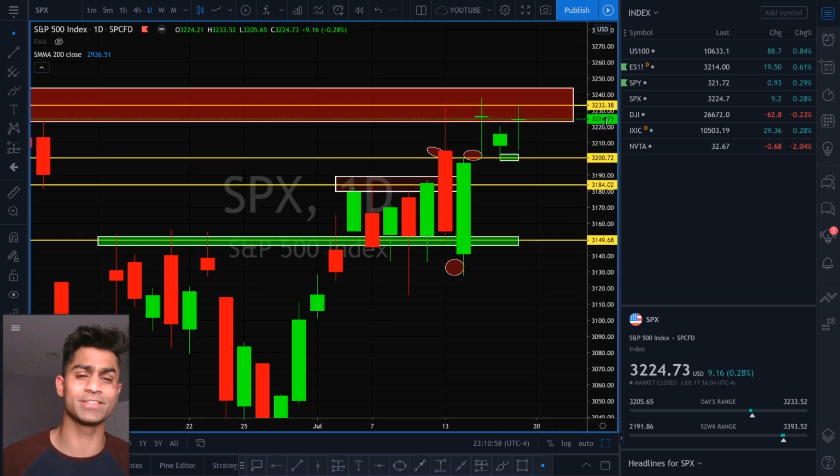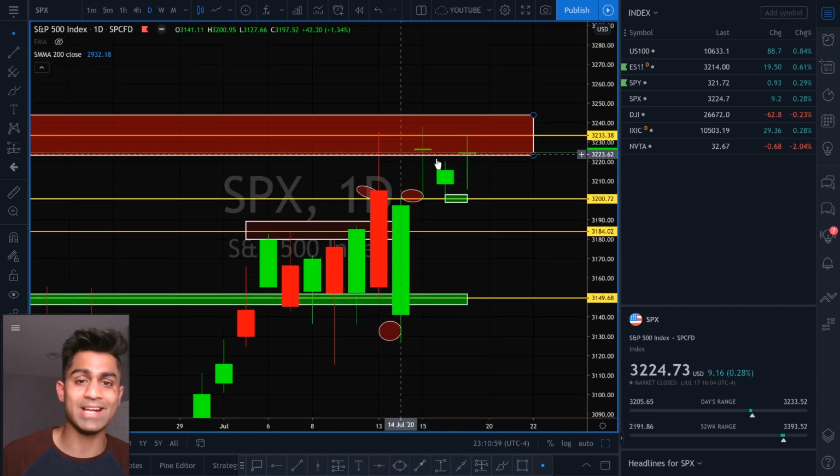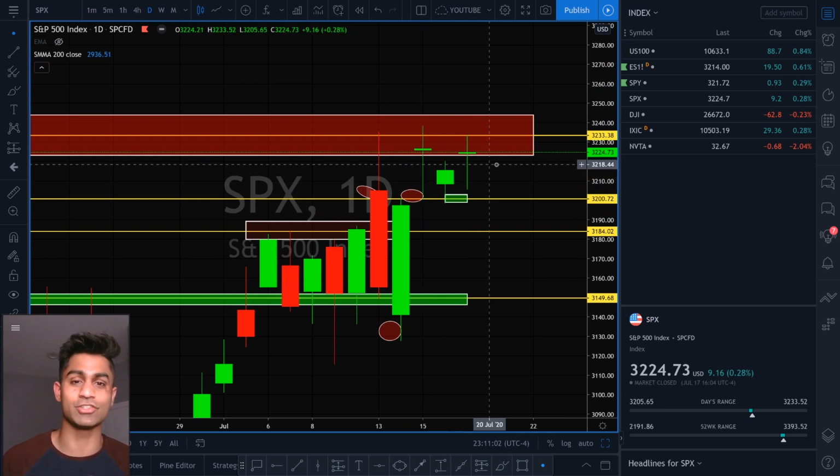The interesting thing to note is that the last 3 days have absolutely been so much indecision in the markets, with the bulls and bears essentially consolidating so much, and the pattern has just been trading sideways, right?